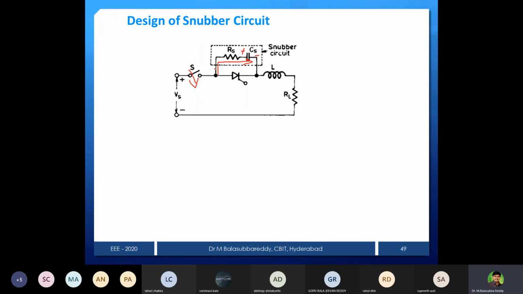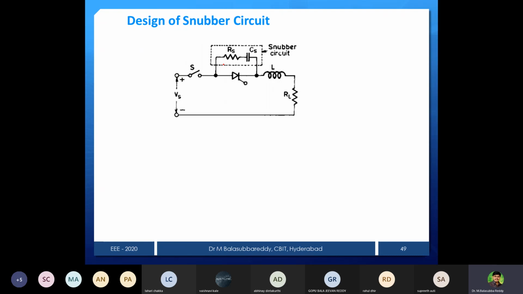Once the current is passing through the resistor, dissipation takes place, and the charging time will also be more. Tau is equal to RC, no? So if R is very large, it will take more time to charge. So that is again a problem.